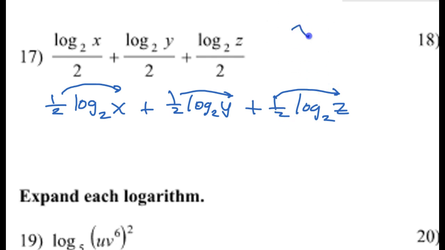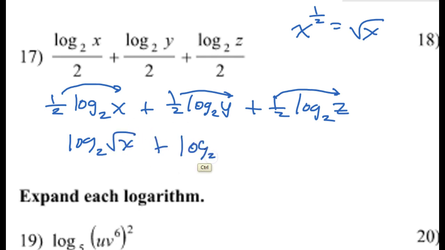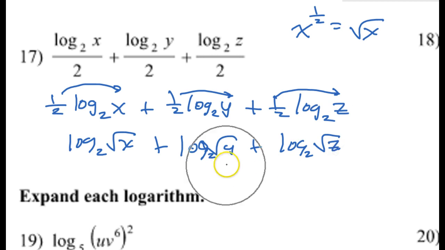For example, with this x, I would have x to the 1/2 power. But x to the 1/2 power is the same thing as the square root of x. So this would be log base 2 of the square root of x plus log base 2 of the square root of y plus log base 2 of the square root of z.